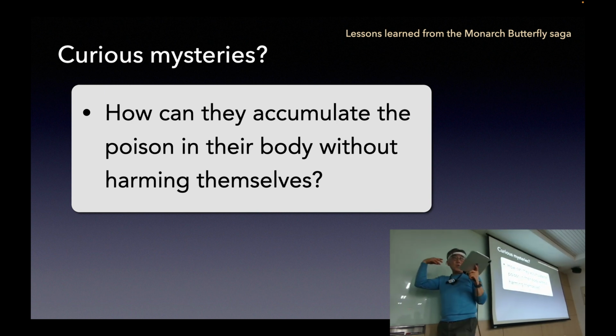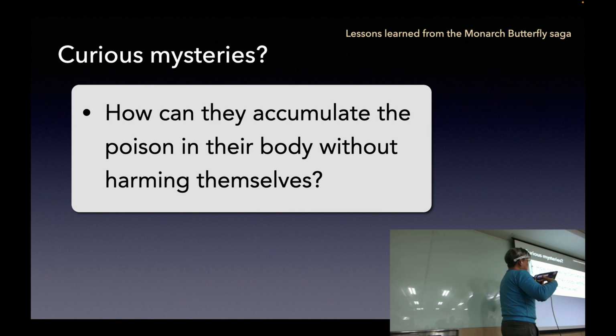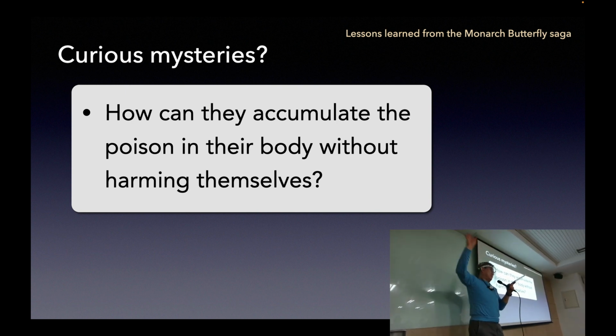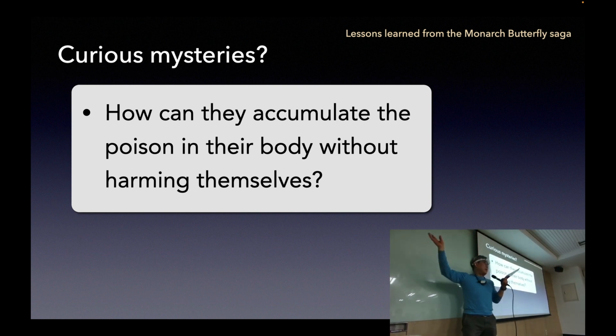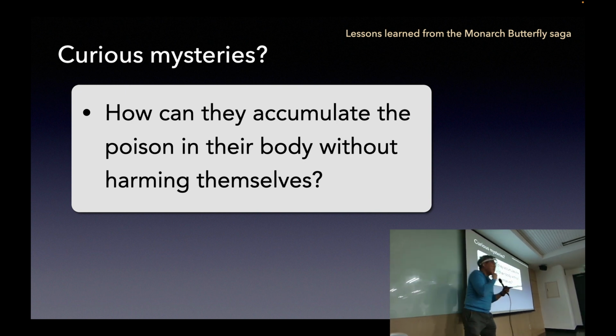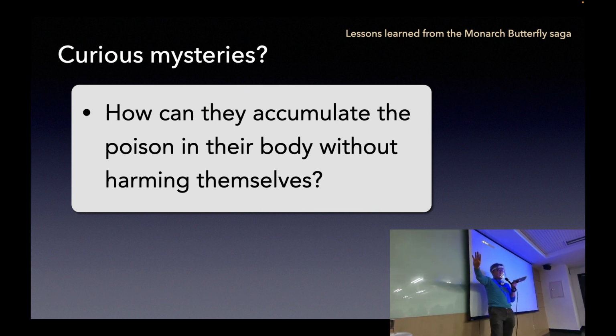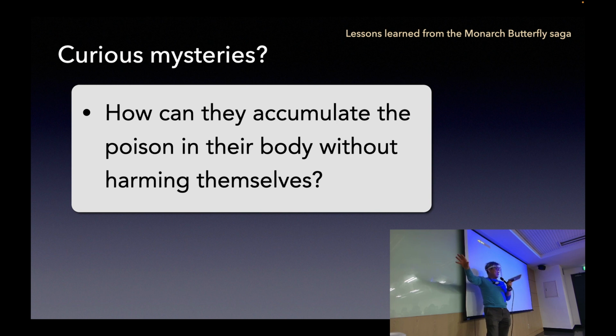But probably one more interesting question is, if they accumulate this poison so that they can dispel potential predators like birds. Once birds taste this, they vomit, and then they never touch this monarch butterfly again, or even some of the monarch look-alikes.